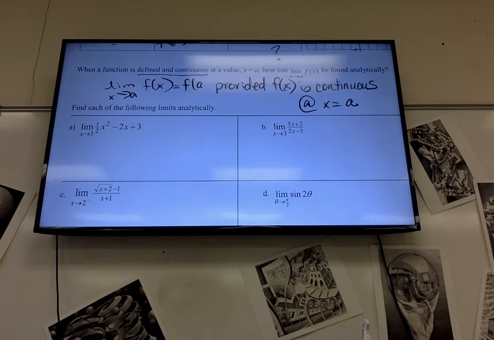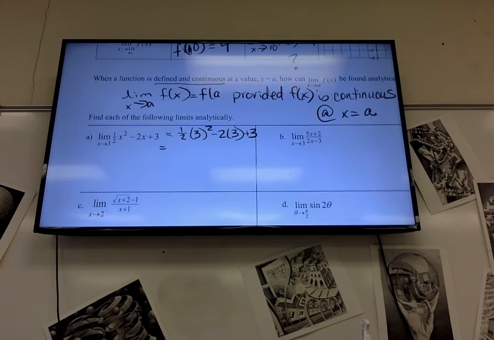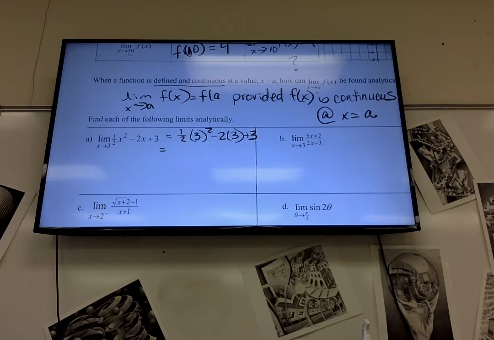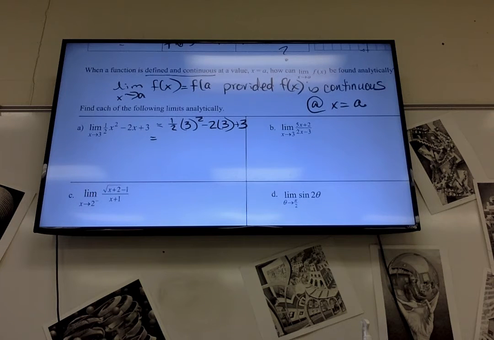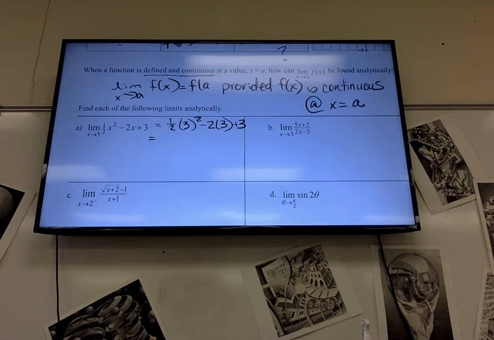So this first one, I'll do easy with you. We have 1/2 times 3 squared minus 2 times 3 plus 3. That's 1/2 times 9, so 9/2 minus 6 plus 3.